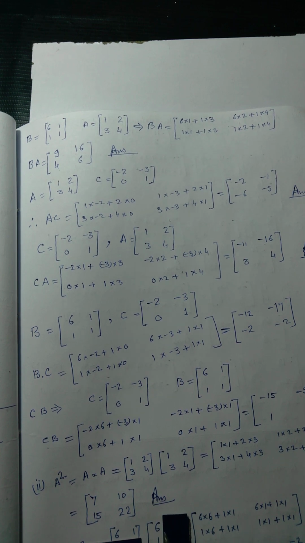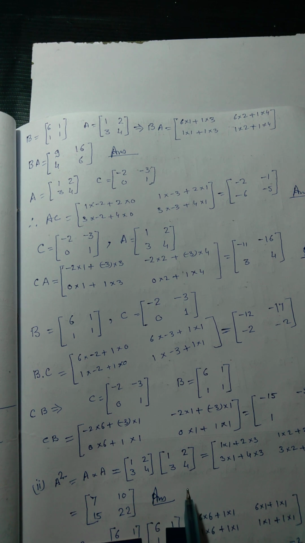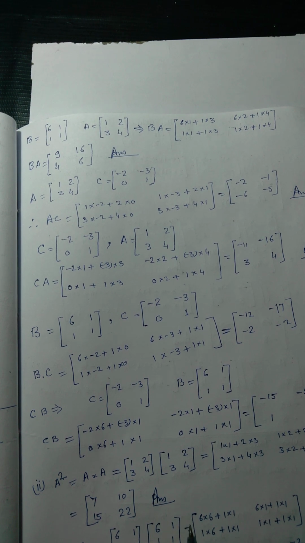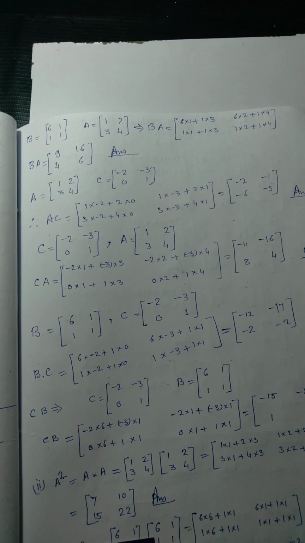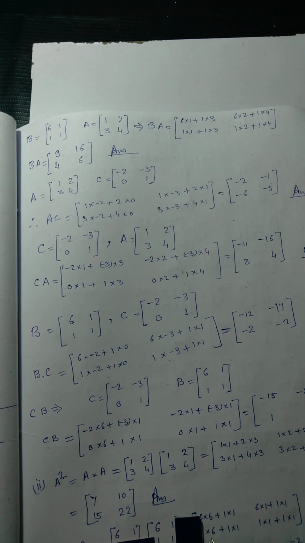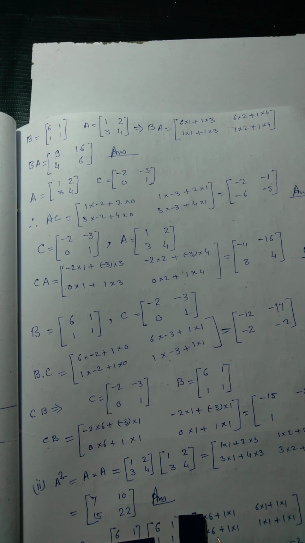Now for this, you see, here the 6 into 1 I have also completed. Now this one row, this one column: 1 into 6 plus 1 into 1.